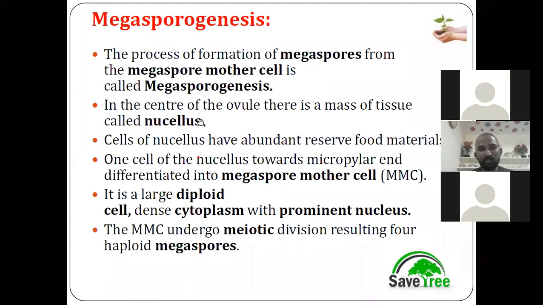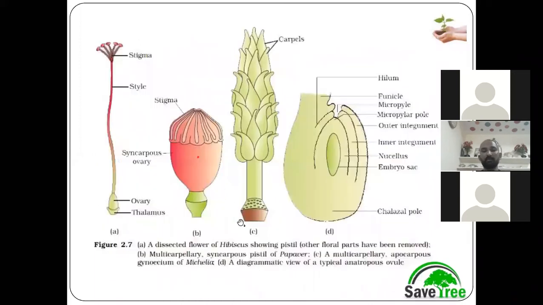This megaspore mother cell undergoes meiotic division to produce haploid megaspores. The megaspore mother cell has dense cytoplasm with a prominent nucleus, and through meiotic divisions it finally produces 4 haploid megaspores.